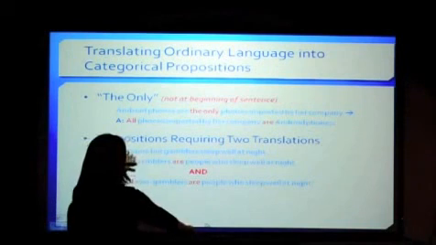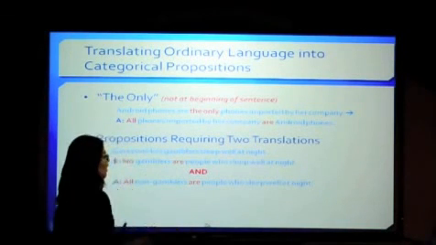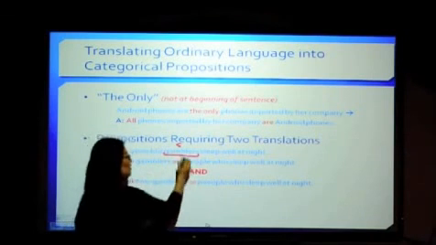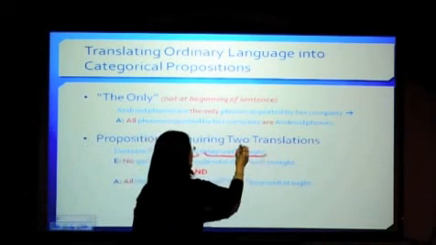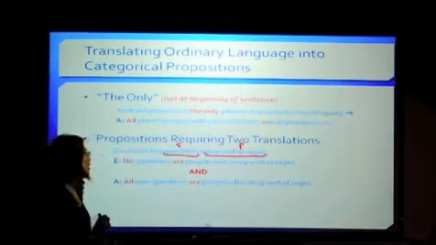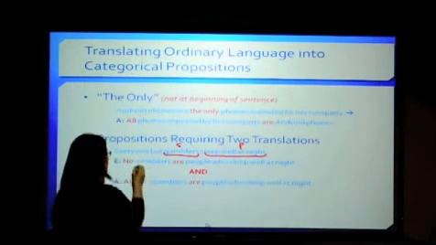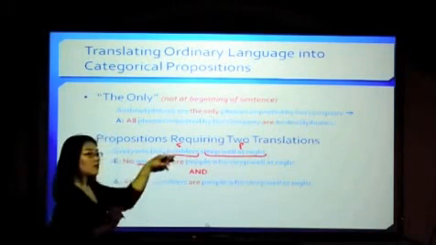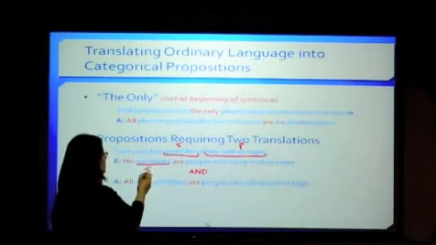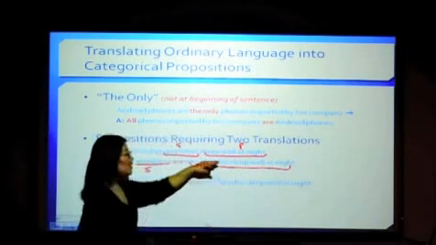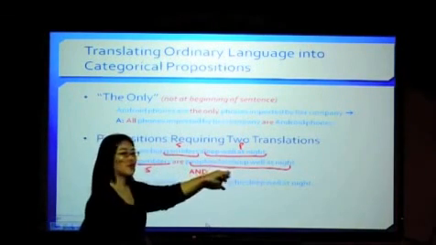So here when you have everyone but gamblers, we're talking about gamblers as the subject term, and sleeping well at night is the predicate term. So in the E-type statement we have no gamblers as the subject term, and are people who sleep well at night, so we change that predicate term into a plural noun.